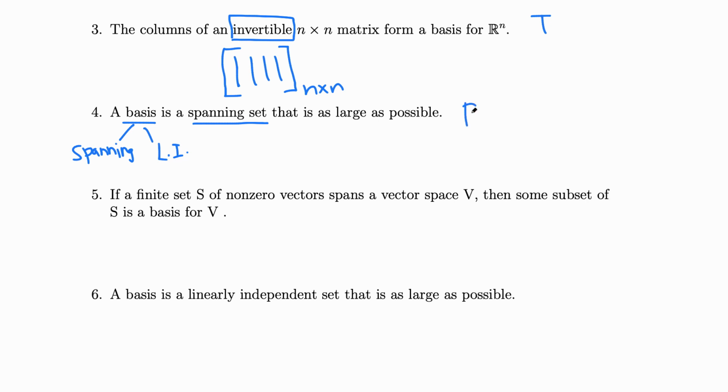So this is false. We cannot have more than certain number of vectors. In fact, our basis is a spanning set that is as small as possible. Okay, this should be as small as possible to get linear independency.